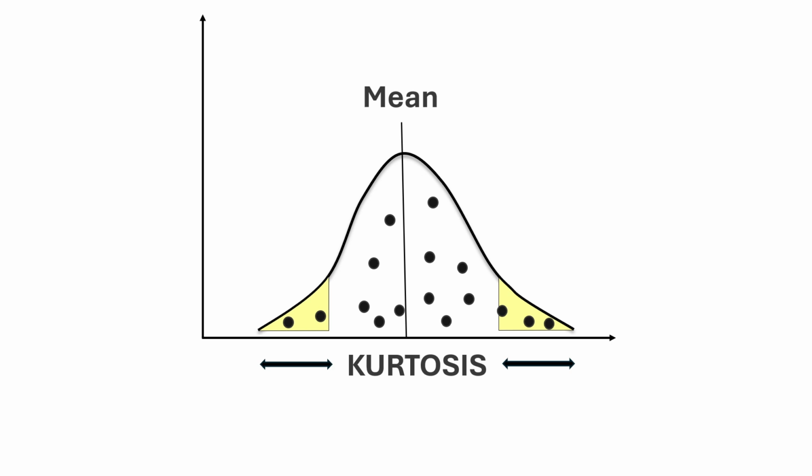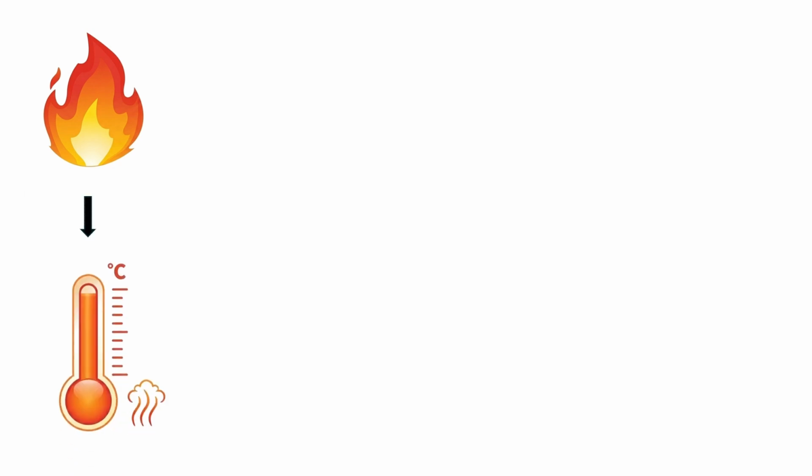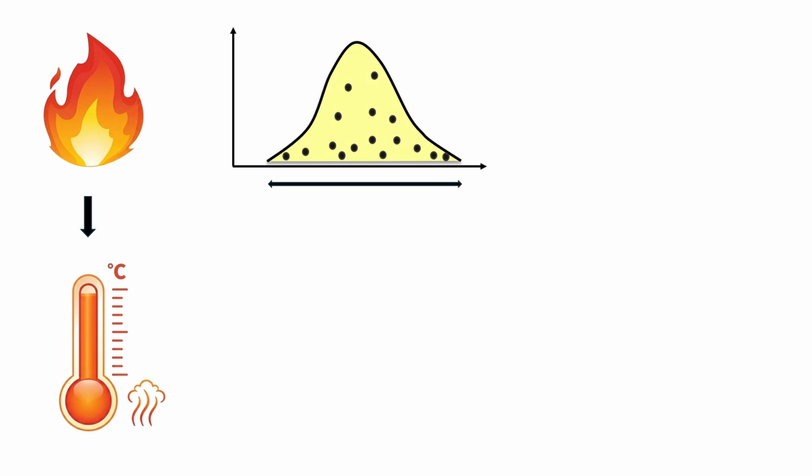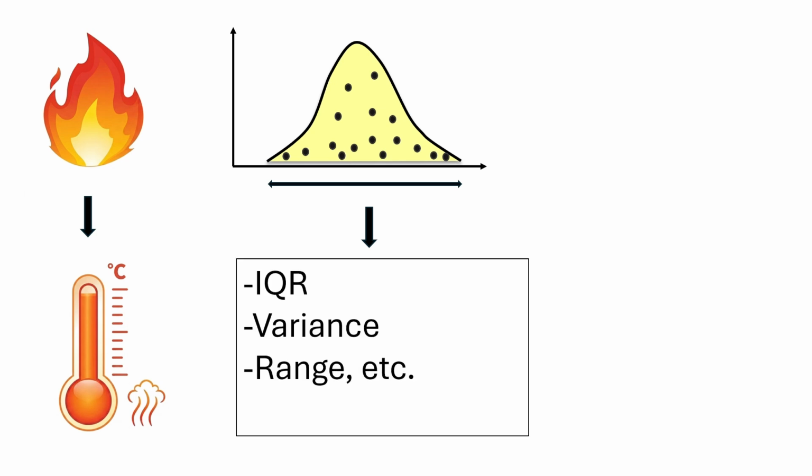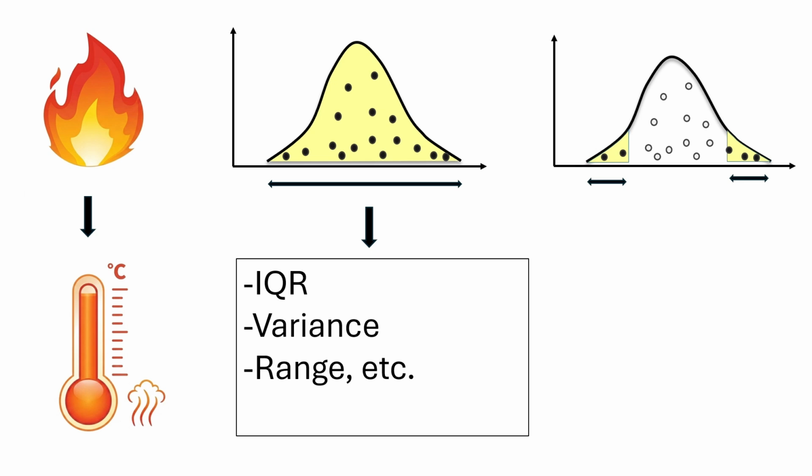Now for an analogy, just like hotness is an abstract idea, and to measure it, temperature scales are introduced. Spread is also an abstract property of a numerical dataset, and to quantify or make this abstract idea measurable, several measures such as interquartile range, variance, and range are introduced. Similarly, tail behavior of a dataset is also abstract, and kurtosis helps us quantify that.